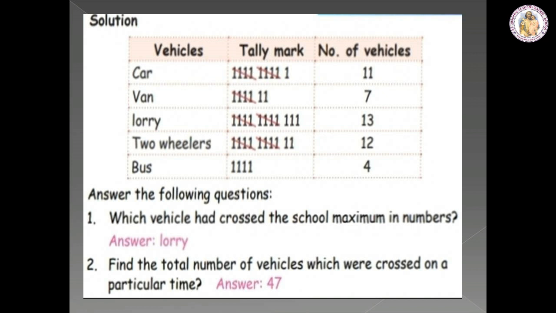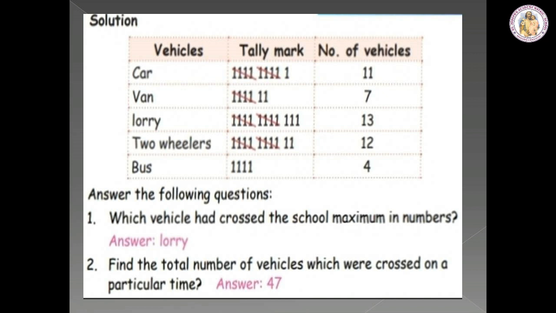The group of 4 lines struck through with red denotes 5. So two 5s and 3 ones, totally 13.